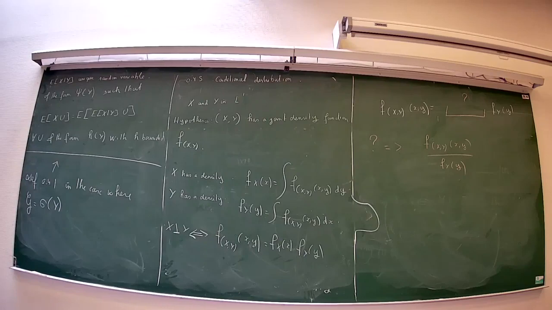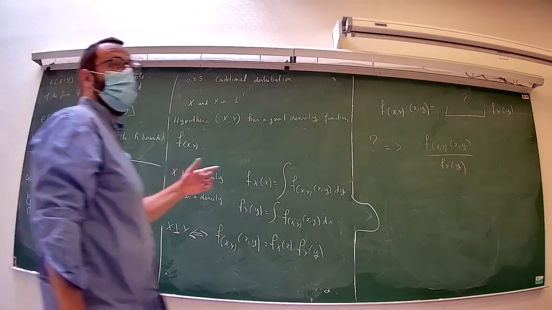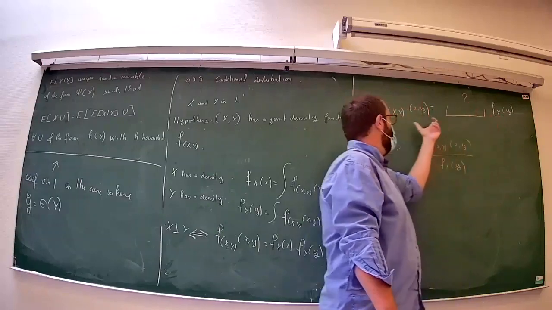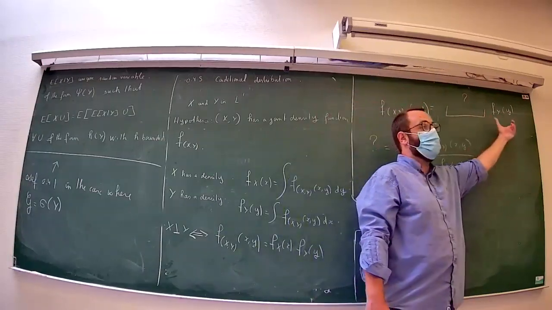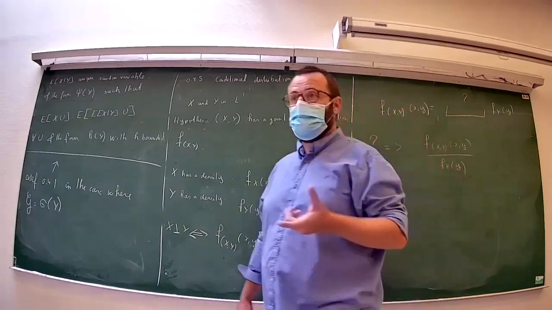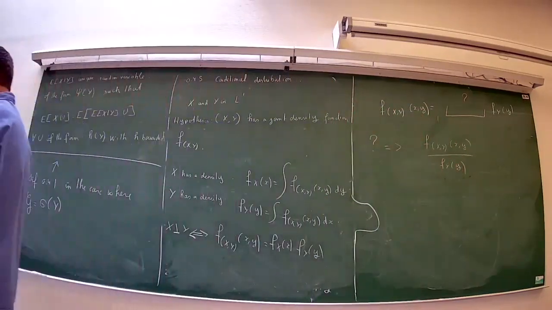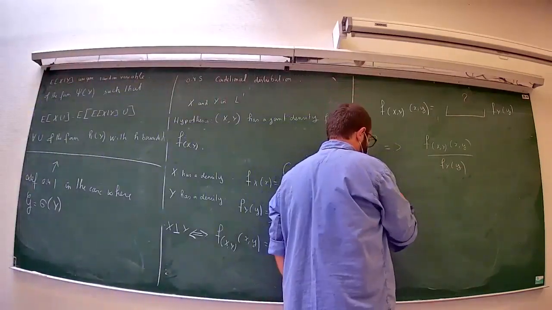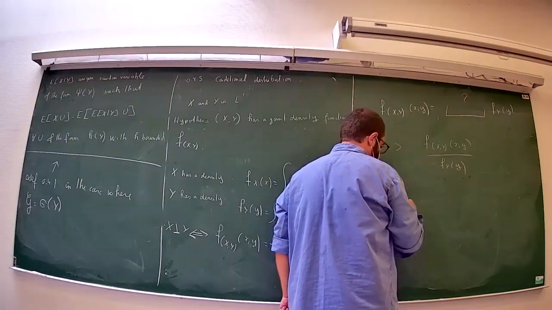So, I repeat, I want to decompose the joint density this way. What can I take? I can take the ratio of this one divided by this one. It is possible, but only when what I have below is not 0. So, it imposes the definition of the conditional density, as you have seen it previously.